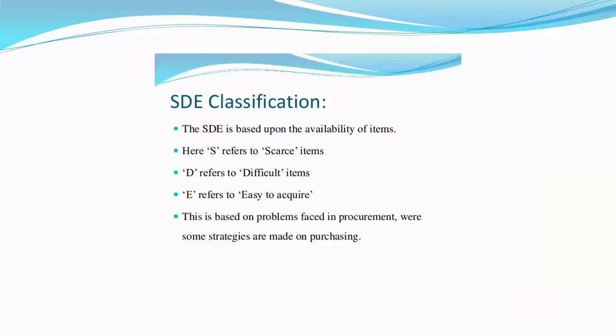Then SDE, scarce, difficult, and easy: this is another classification, and it is also very important. SDE classification has scarce, then difficult, and then easy to acquire. So on the basis of procurement, we categorize the items that are available in the market. Scarce items are rarely found, difficult items are found but with difficulty, and easy-to-acquire items are available next door.